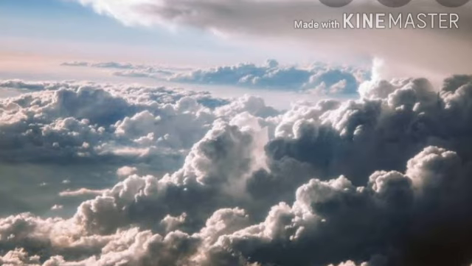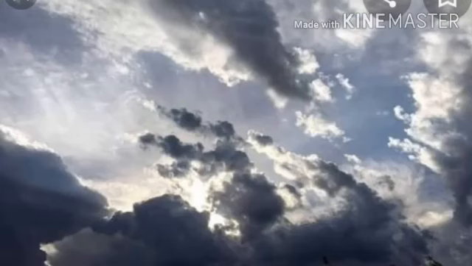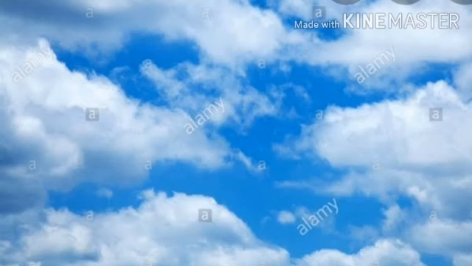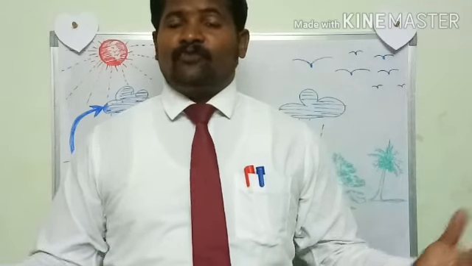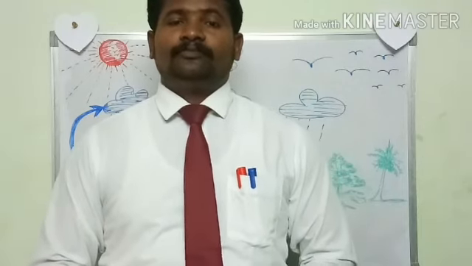And why are some of the clouds not causing rains? This is a very hot summer and many clouds we are noticing in the sky, even though there was no rain. What is the reason? Are you able to guess answers for this type of questions?